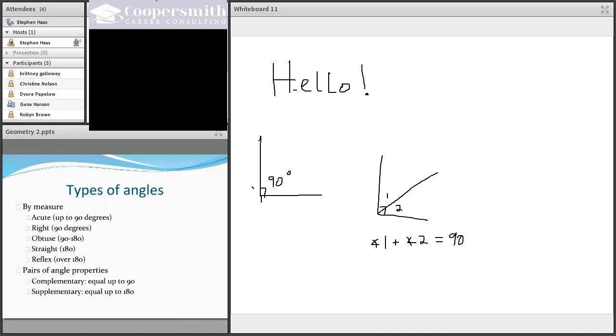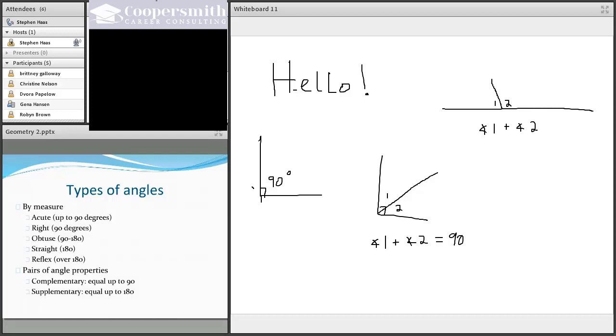Supplementary is a very similar concept, except supplementary is when the two angles have to equal 180 altogether. The example there is when you're talking about a straight line. So if you're talking about a straight line, and you've got angle 1 and angle 2, now angle 1 and angle 2 have to equal what altogether?